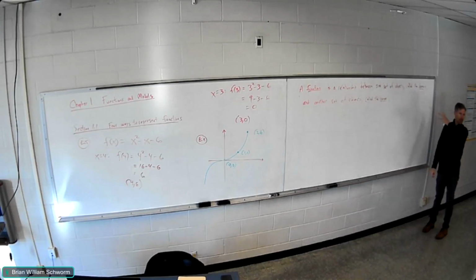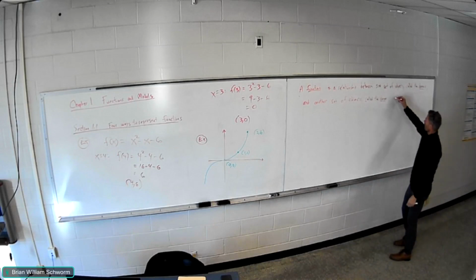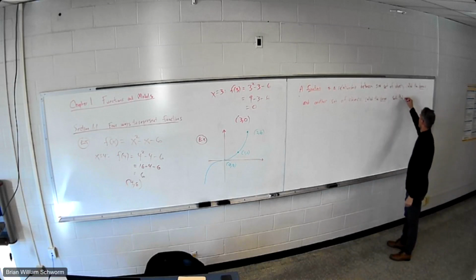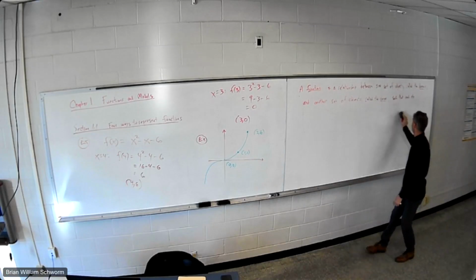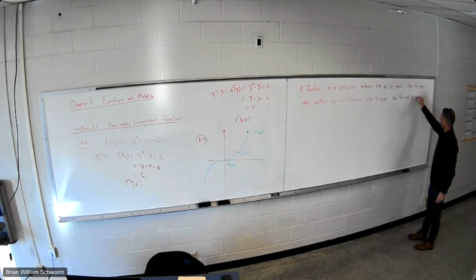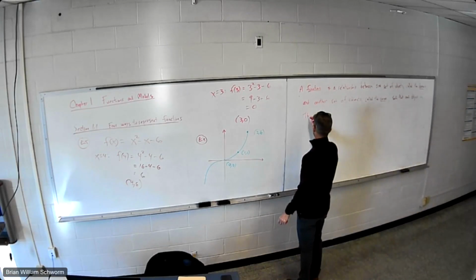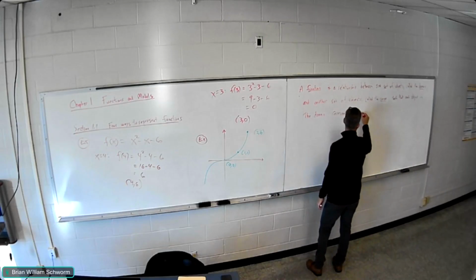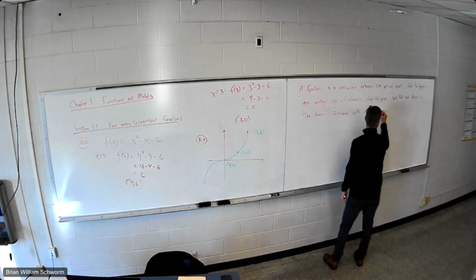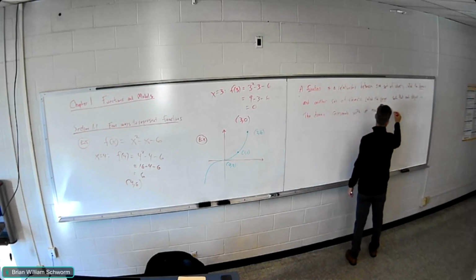So it's numbers related to other numbers, and then there's one important characteristic that will qualify it as a function, such that each object in the domain corresponds with, at most, one object in the range.